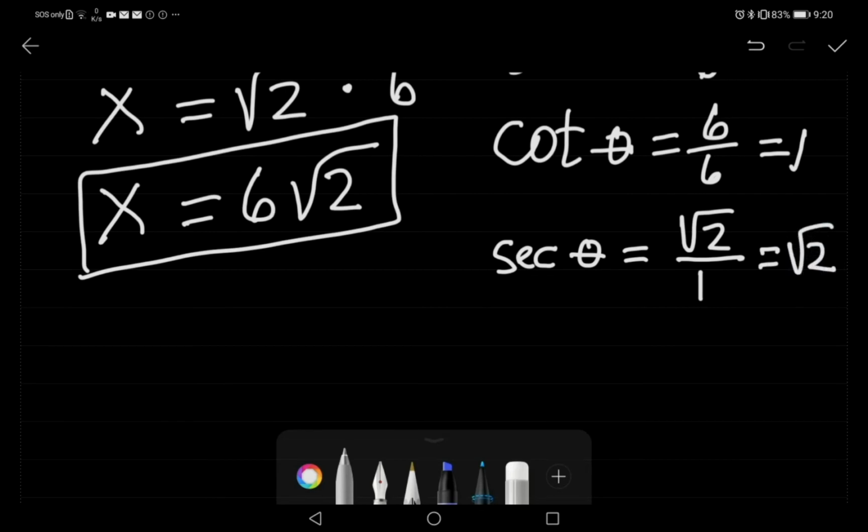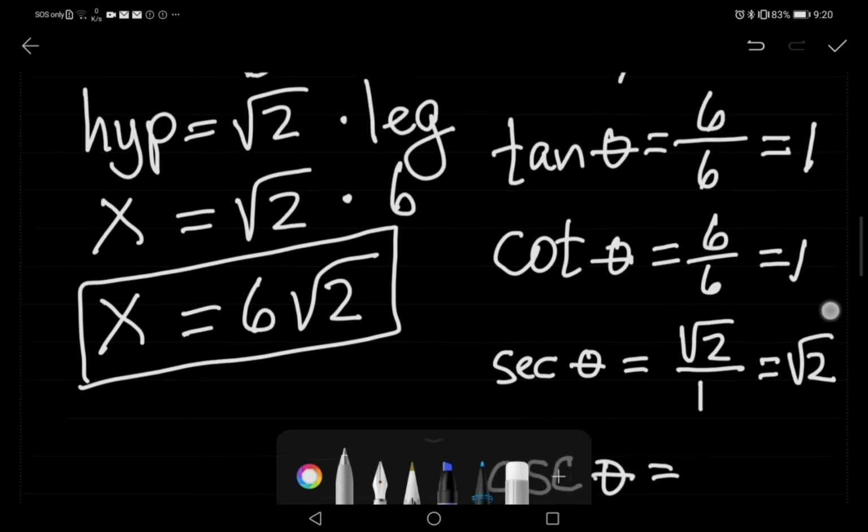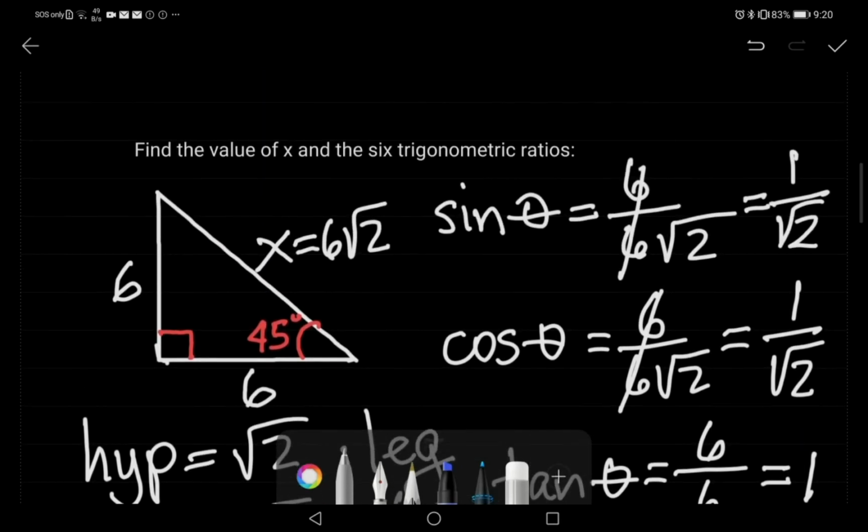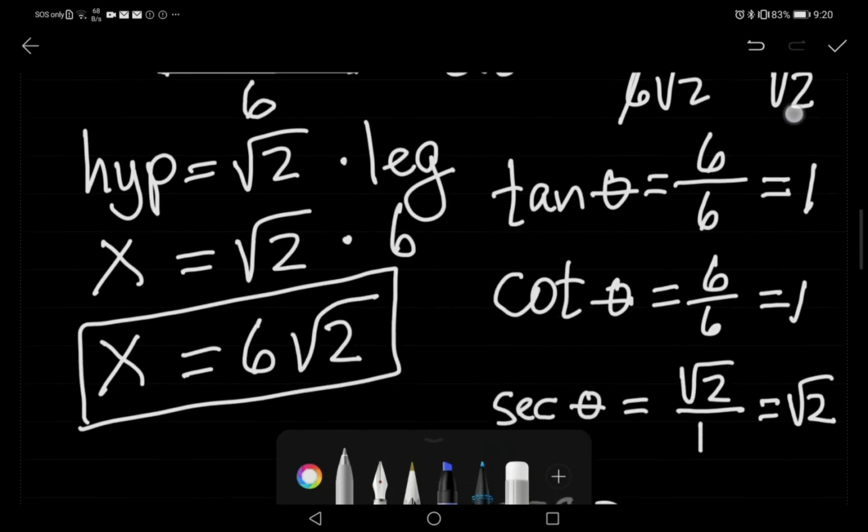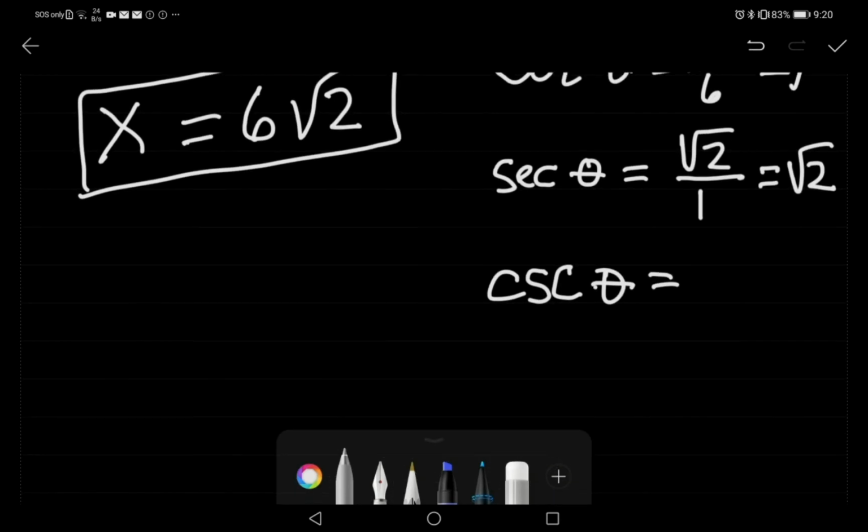Then for cosecant theta, this is the inverse of sine theta. So it is just the same, square root of 2 over 1, or simply, square root of 2.